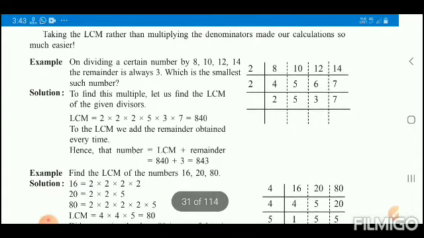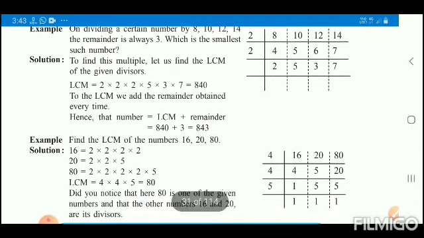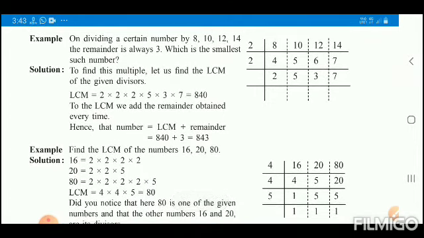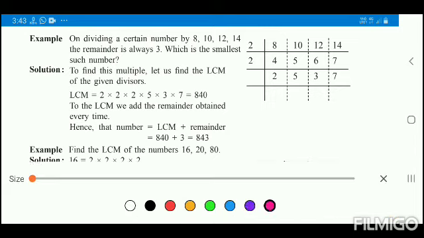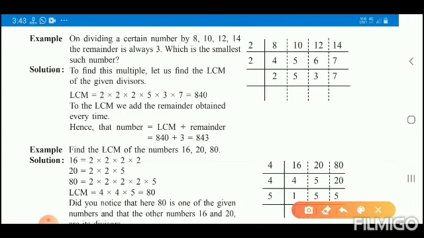Now we will see one more example: on dividing a certain number by 8, 10, 12, 14, the remainder is always 3. We have to find the smallest such number. To find the multiple, let us find the LCM of the given numbers. When we find the LCM of 8, 10, 12 and 14, you will get the LCM 840.